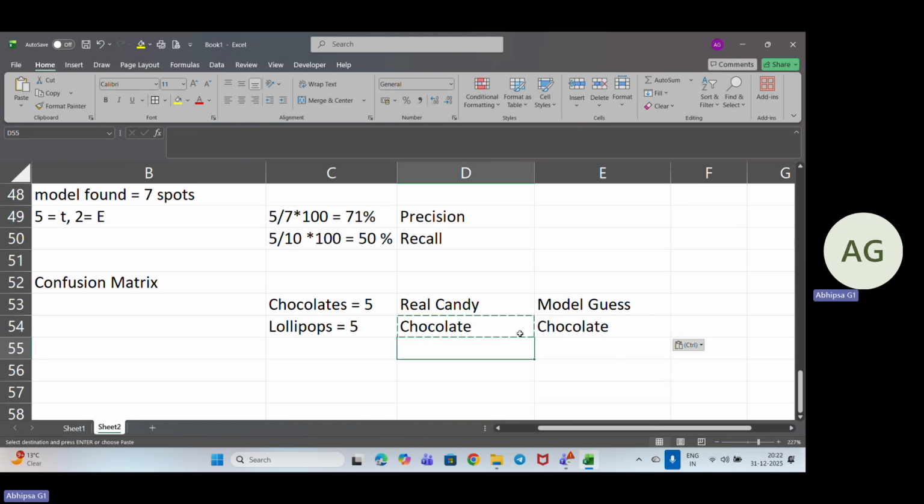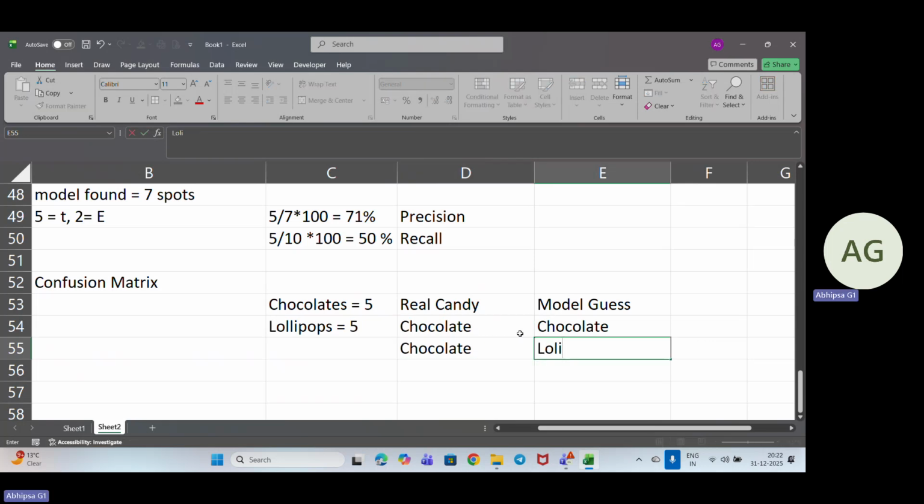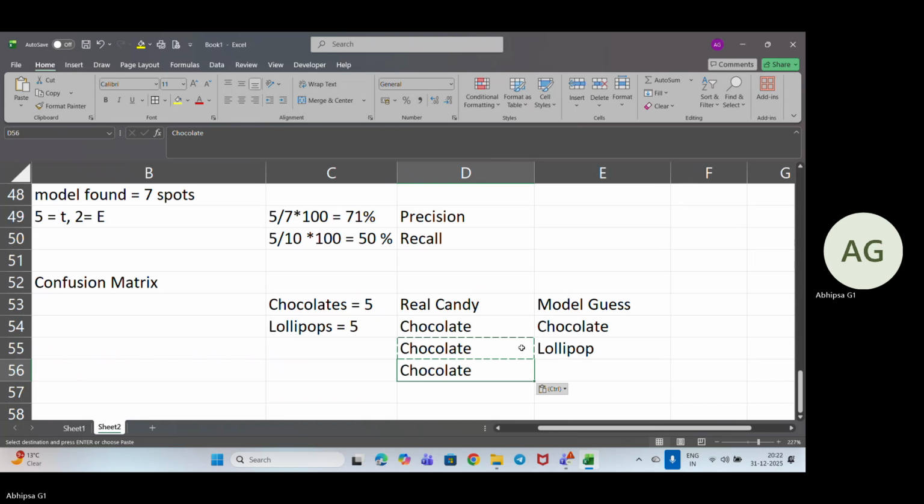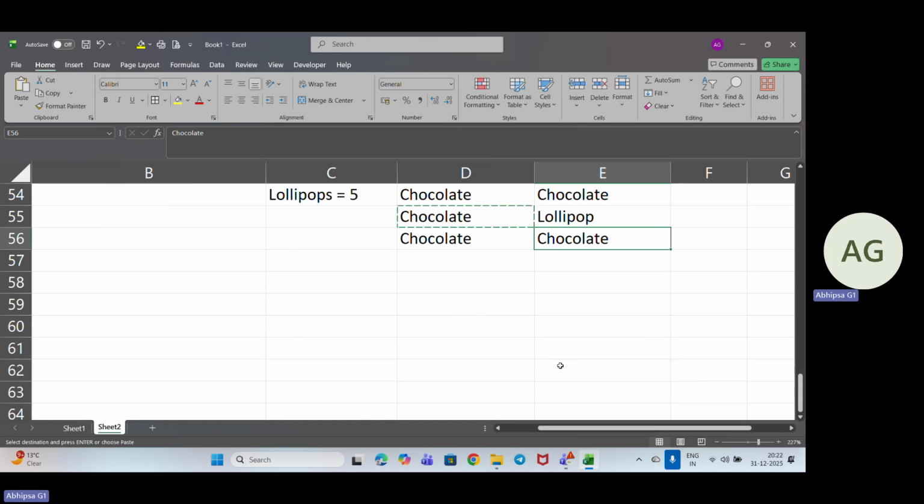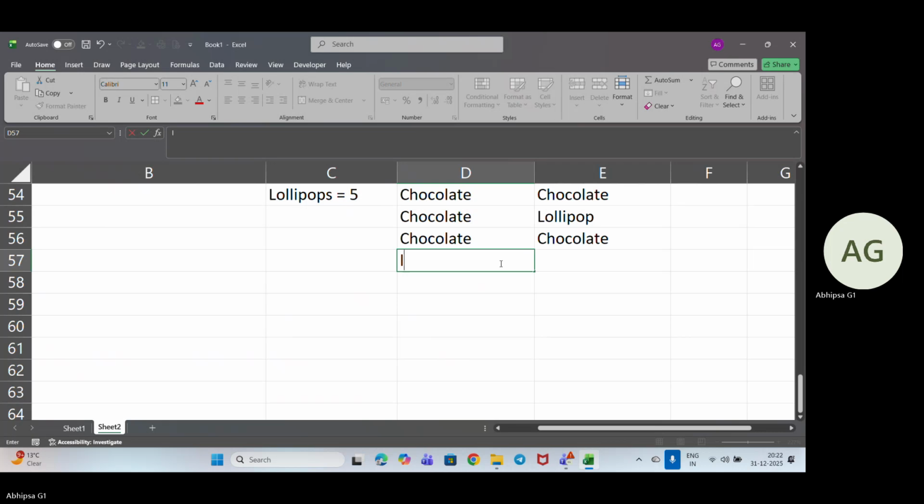Now suppose it is chocolate, but here it has predicted lollipop. Now here it is again a chocolate, and it has predicted chocolate again. No issues with that. Now suppose here we have a lollipop, and it has predicted lollipop.